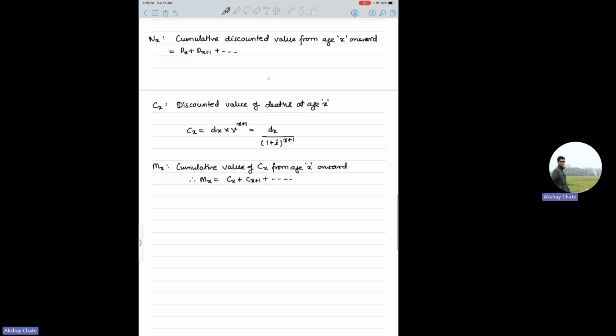Okay, and the last column in your table is called life expectancy. It is defined for a particular age, life expectancy at age x. So when you are young, you have higher life expectancy. As you grow older, your life expectancy also goes down.